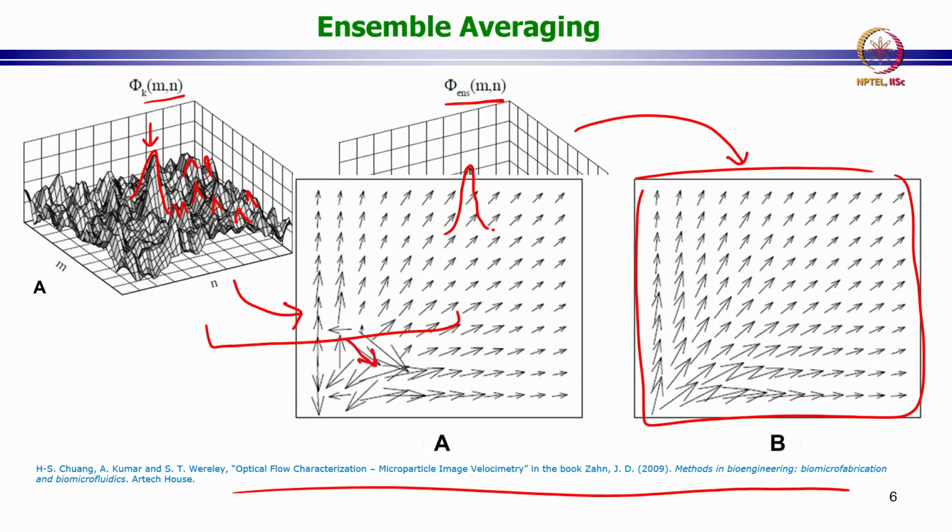You have this flow, but then you suddenly have a vector that is pointing in the opposite direction. Here it is pointing in some random directions, whereas if you look at the same location on this side of the image, you see how much smoothed out the entire system is. Right? These vectors are spurious vectors, they are incorrect vectors, and they have resulted because the noise level in the system is very high, and you have not been able to calculate the correlation peak properly in these cases.